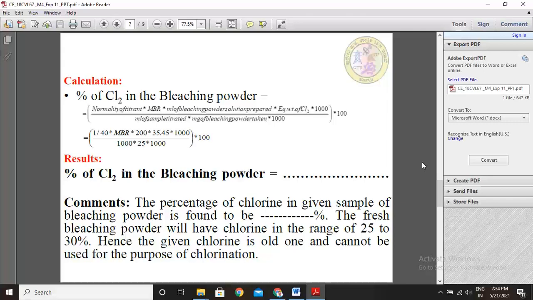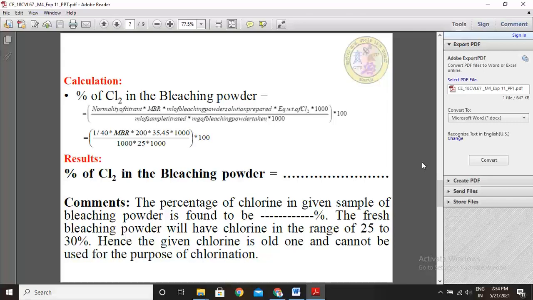Normality of titrant is 1 by 40, into MBR, you write the result from the table. ml of bleaching powder solution prepared, that is 200, into equivalent weight of chlorine 35.45 into 1000, divided by ml of sample titrated, that is 1000, into milligram of bleaching powder taken, that is 25. You convert into percentage, so we multiply by 100.